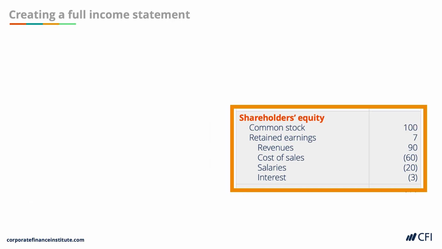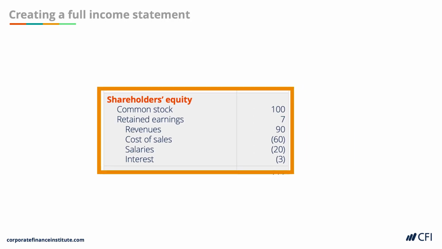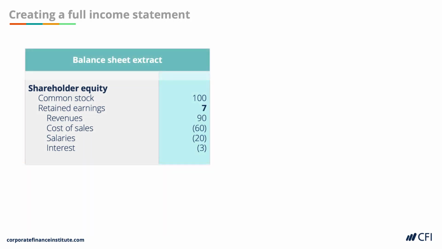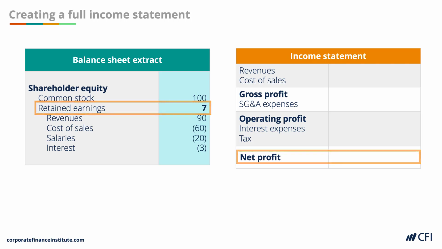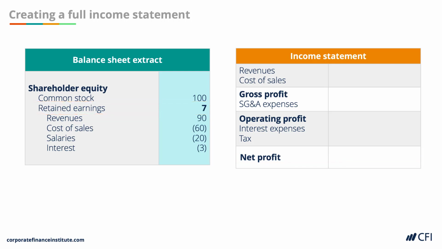On the left, you see an extract from a balance sheet in the previous section. All of the items that we are going to track on the income statement will ultimately combine to create the account that flows into retained earnings, which is net income. We start building the income statement by first adding in the total revenues of 90, then deducting the cost of those sales, that is the direct cost of 60.